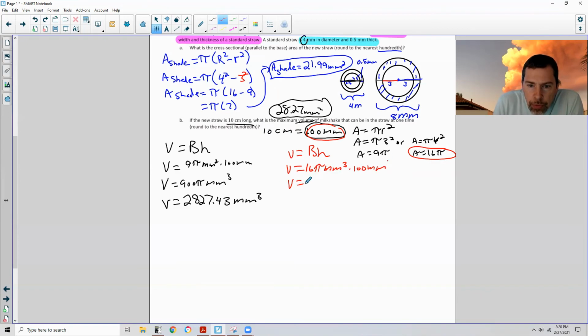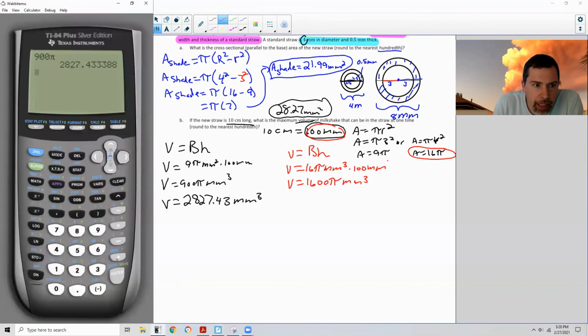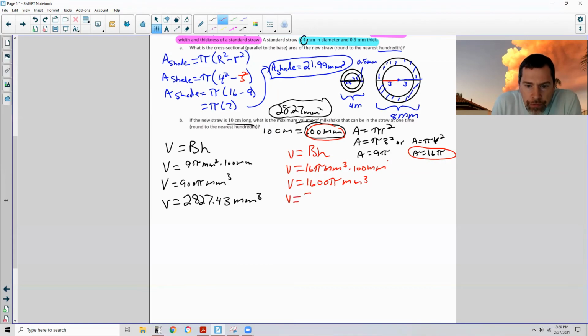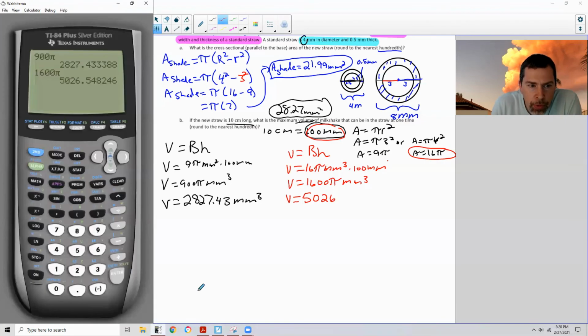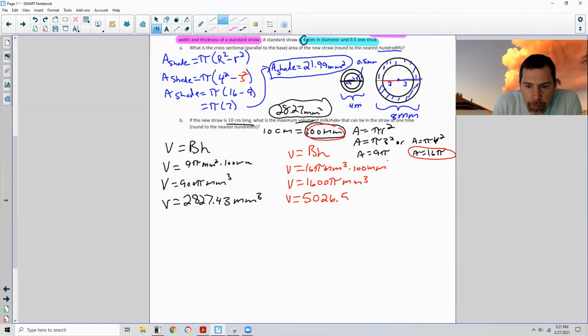So volume equals 1600 pi millimeters cubed. Put that in my calculator, 1600 second pi, enter, 5026. So volume equals 5026.55 cubic millimeters.